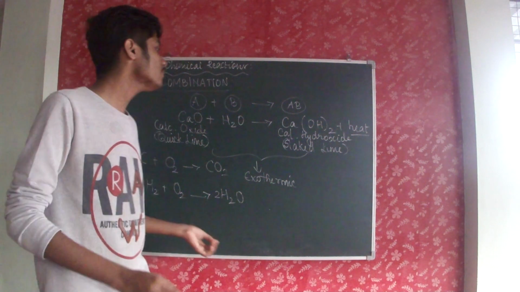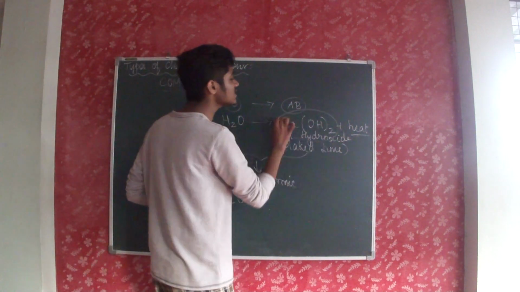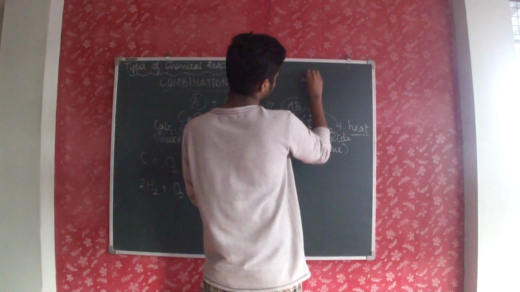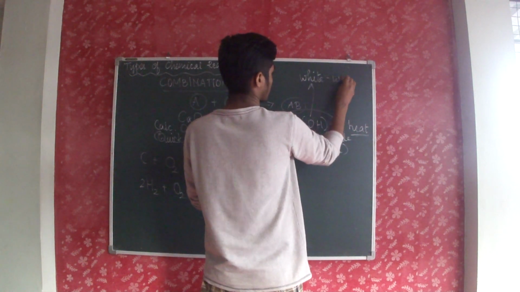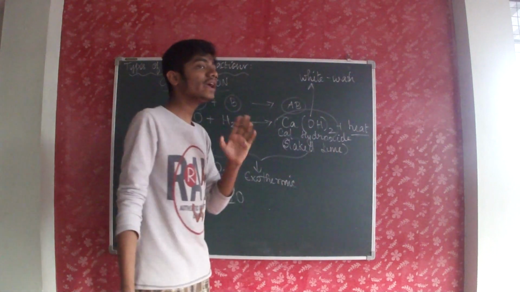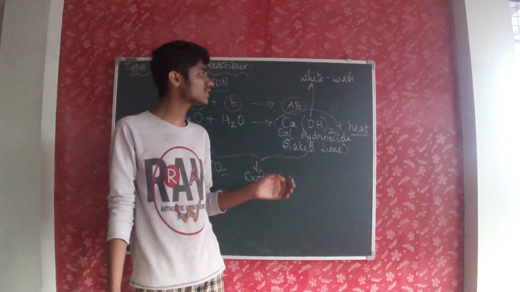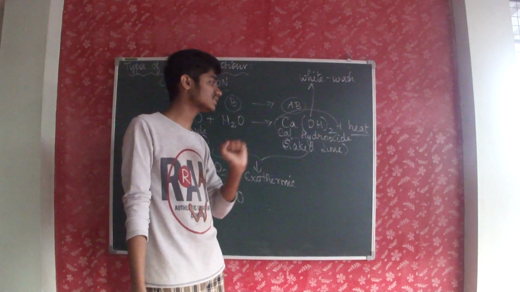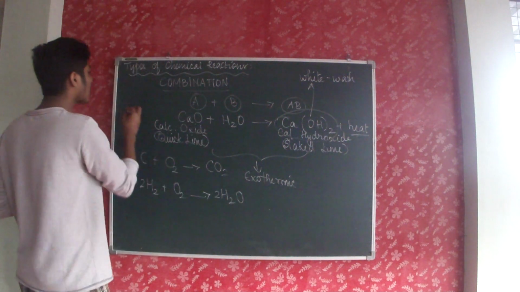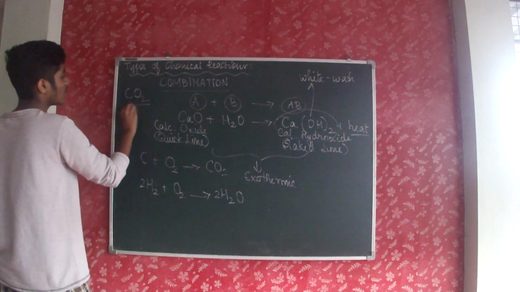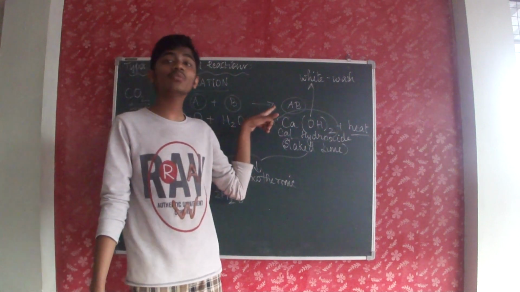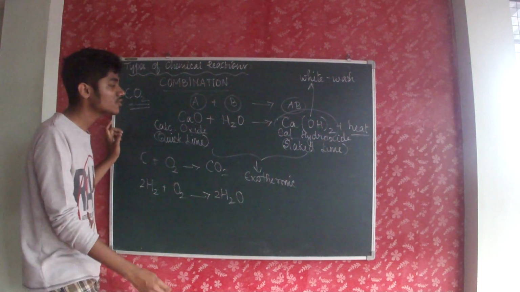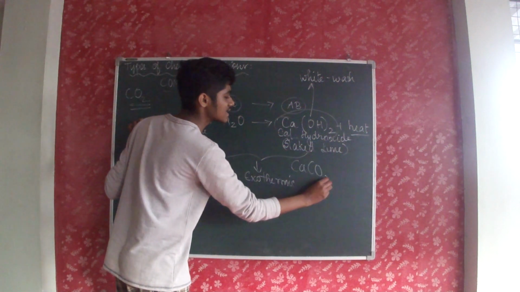Also, the calcium hydroxide formed in this reaction is used for whitewashing the walls. Why? As soon as you whitewash the walls with calcium hydroxide, it reacts with carbon dioxide in the air to produce calcium carbonate.